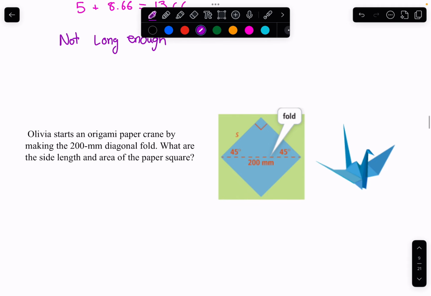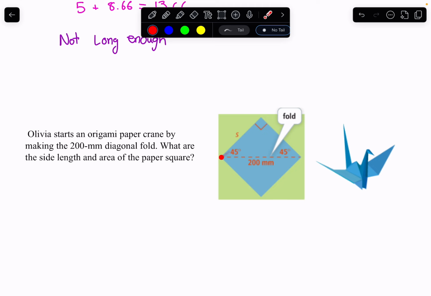In this other one, we have a square piece of origami paper, and it is folded with a 200 millimeter diagonal fold. We want to find the side length and the area of the paper. Well, I can tell because this was a square, and I bisected two of the angles, that makes them 45 and 45, and this is 90.